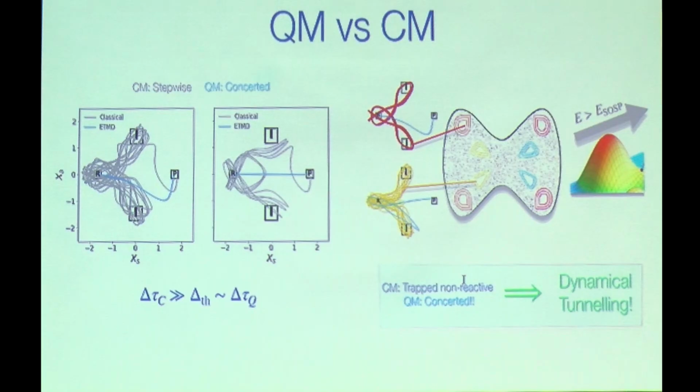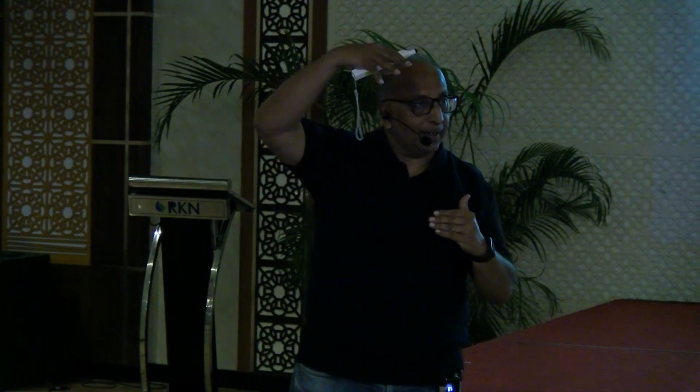You would be forever trapped. You would never get out of there. But the quantum actually gets out of there. Remember, this energy is far above the rank 2 saddle. There are no barriers there. What you're seeing here are perfect examples of what are called dynamical barriers. The dynamics generates these barriers. So you are energetically far above the rank 2 saddle, but classically you would be trapped forever if you start there.